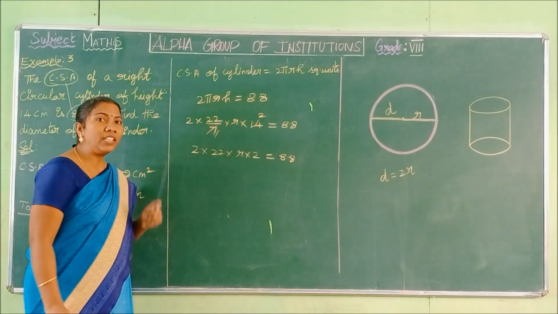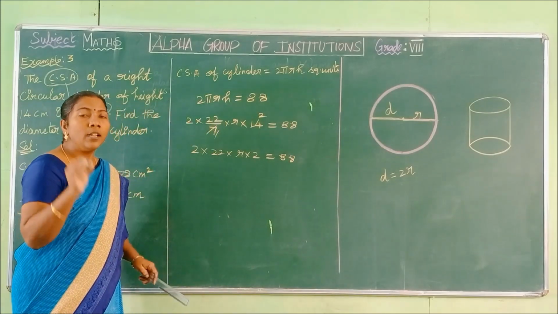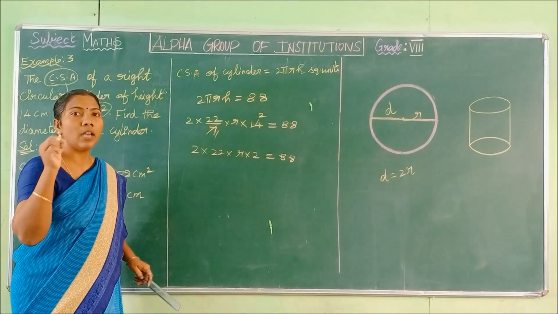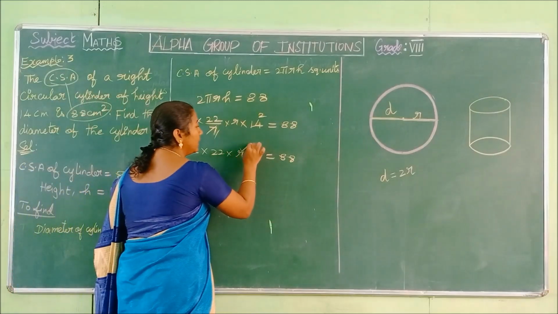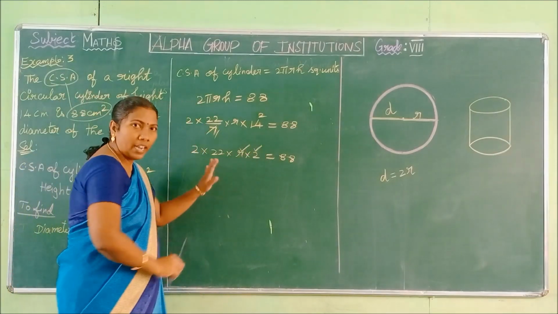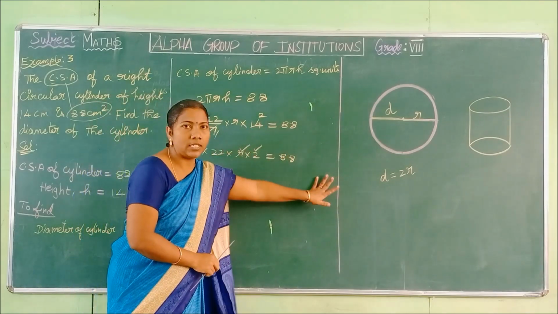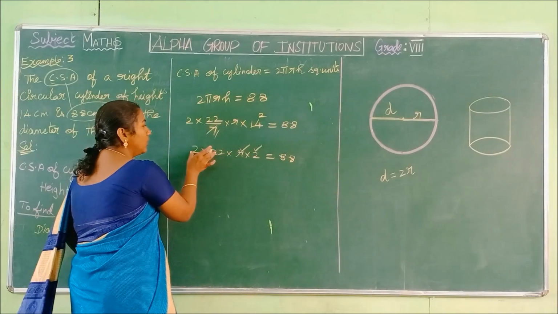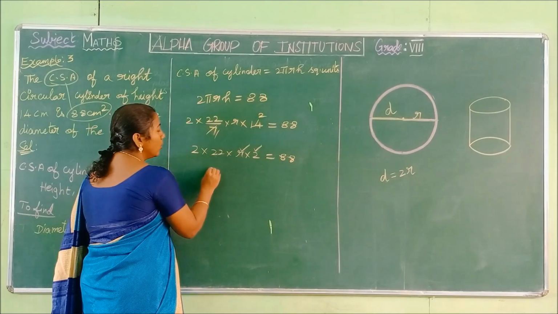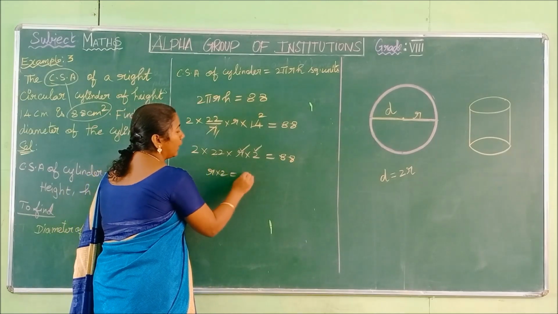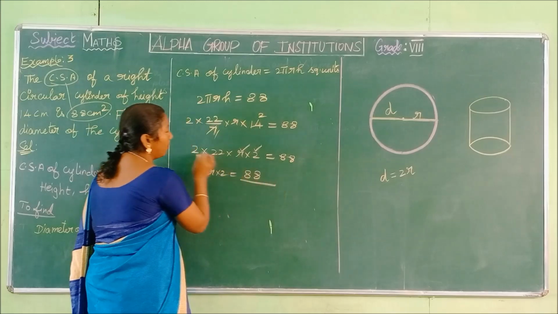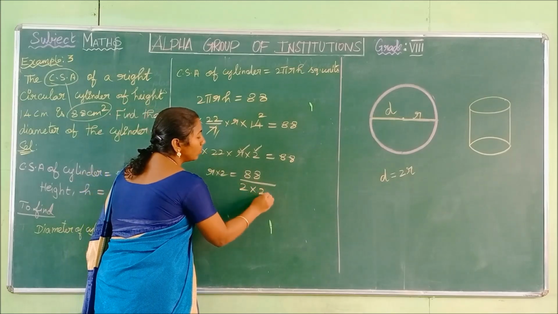We have to find the value of diameter. Diameter equal to 2 times r. So if you keep this r into 2 in the LHS and transpose the remaining values into the RHS, that is right hand side. So bring this 2 and 22 to right hand side. So r into 2 equal to 88 divided by 2 into 22.